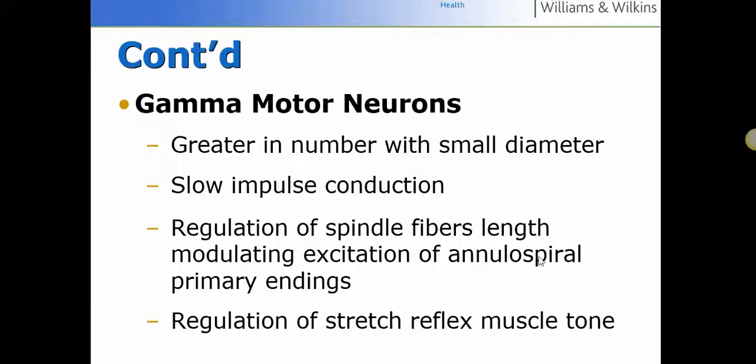We'll talk a bit about the annulospiral primary endings very shortly, but these are basically the afferent fibers which innervate the muscle spindles. Remember, I talked about how muscle spindles pick up changes in length. It's basically because of the annulospiral endings which circle around the muscle spindles. They are involved in regulating the stretch reflex and muscle tone.